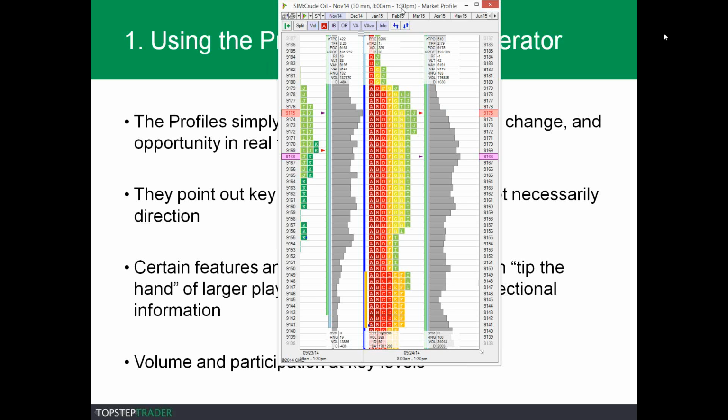I can't even count how many people I've worked with and spoken to about profile and helped them learn about profile that have come back to me and said, you know, these value area levels are lining up almost to the tick with some of the fib levels that I'm looking at. How does that happen?